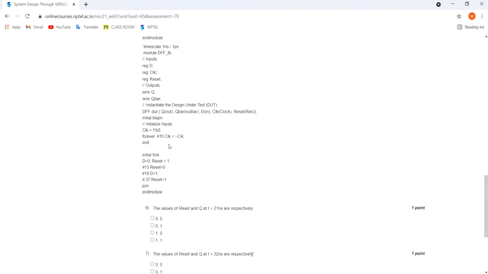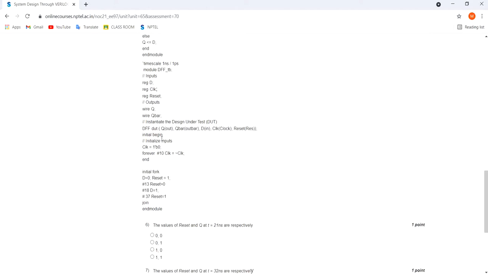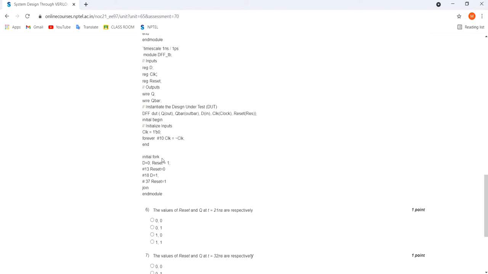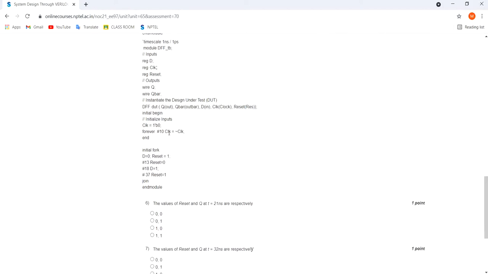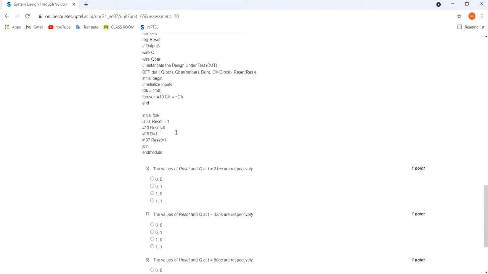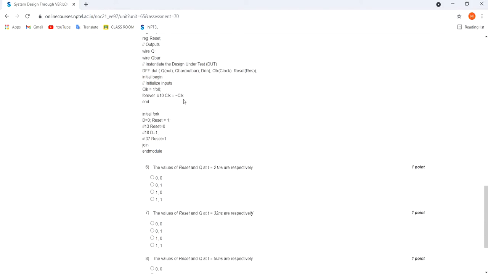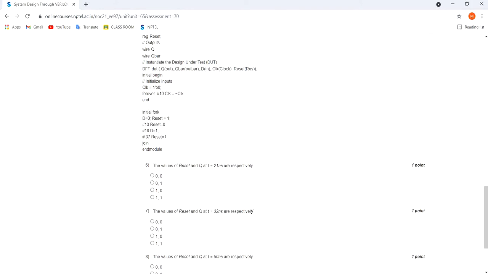This means for every 10 time units, let us assume the time scale is nanoseconds, so for every 10 nanoseconds the clock will be changed. The clock is equal to clock bar. So here end initial fork.